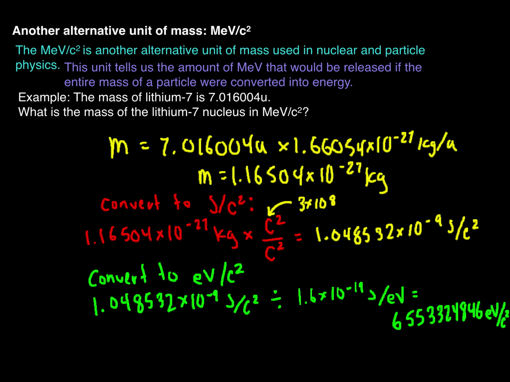Our final step is to convert these electron volts into mega electron volts. Mega is 10 to the 6, so we just divide by 1 times 10 to the 6 to turn it into mega electron volts. And we get a mass equal to 6,553 mega electron volts per c squared.